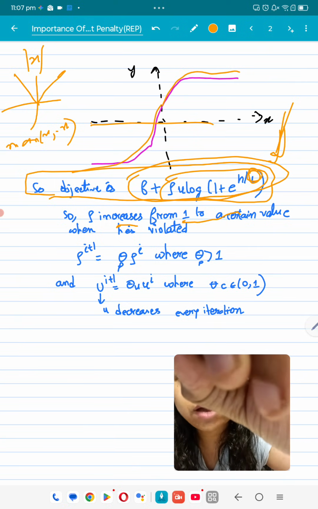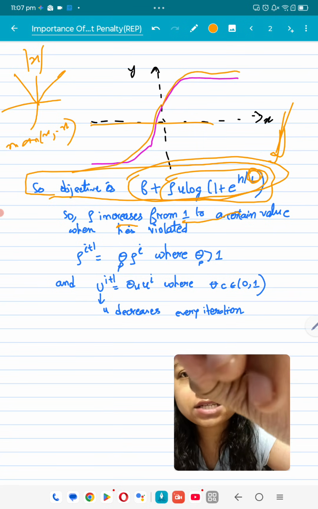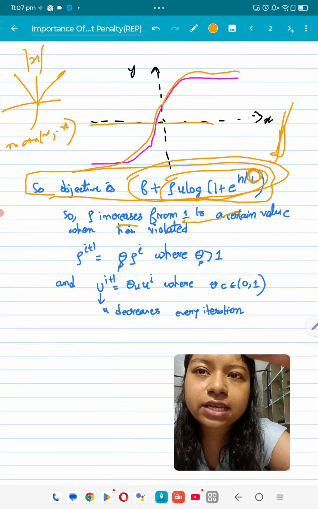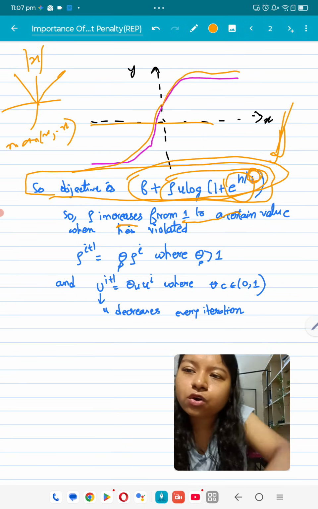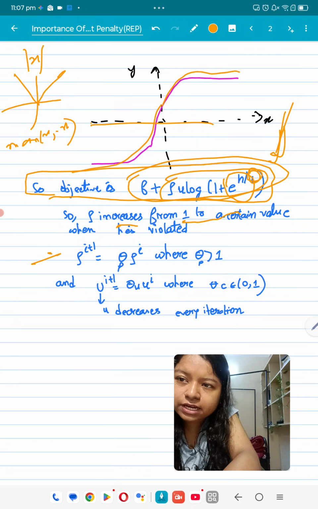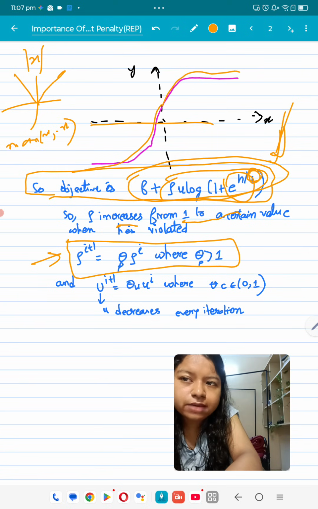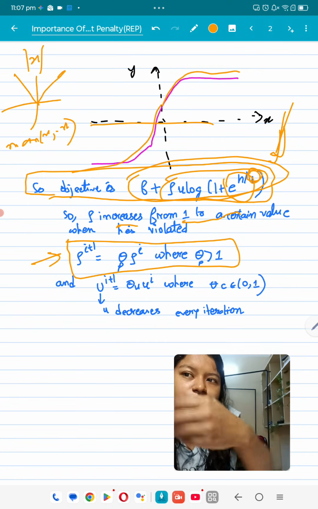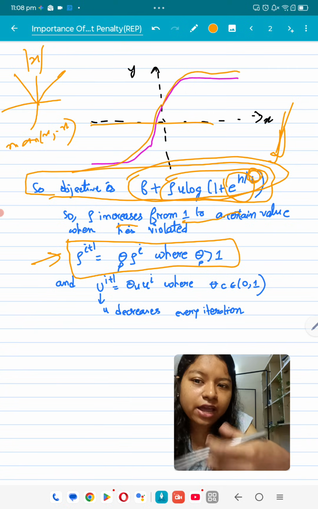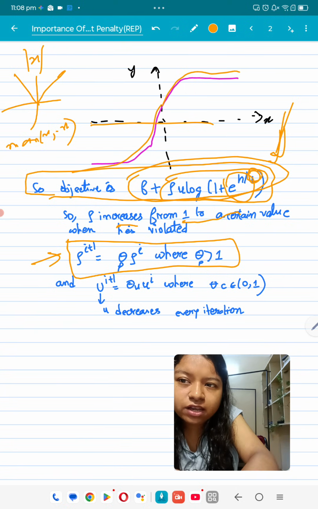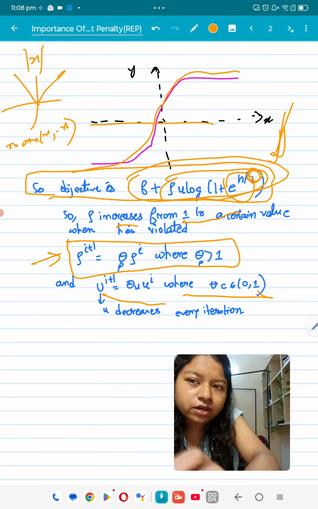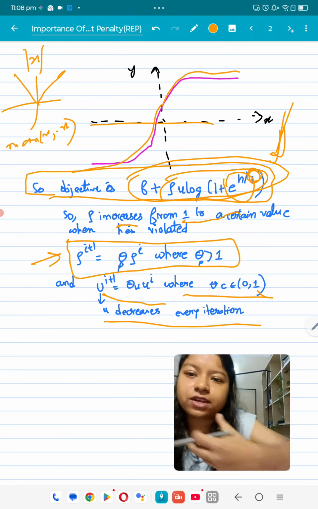The u value we have to decrease. Whenever we decrease the u value, only then will this exponential part increase. So finally we will increase the rho value in the steps of the algorithm, that is rho i plus 1 will be theta times rho i, where theta is greater than 1. So we are increasing the rho value subsequently in the algorithm steps, and we will decrease the u value eventually. So u decreases in every iteration.